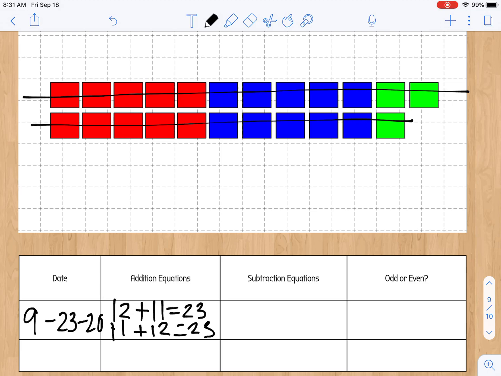What subtraction equations could we write for this picture? If we start with 23 and we take away the 12 on the top row, we end up with the 11 on the bottom row. Or if we start with the same 23 and we take away the 11 on the bottom row, we end up with the 12 on the top row.